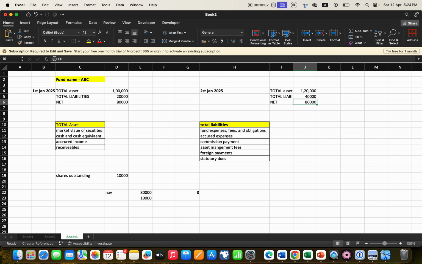Just check with them, cross verify, and amend before your NAV gets calculated. If your total assets or liabilities include some wrong data, the NAV will not be calculated accurately. So that's why this rule is very important. This is how all things will be decided.